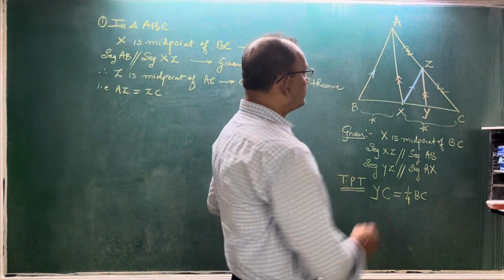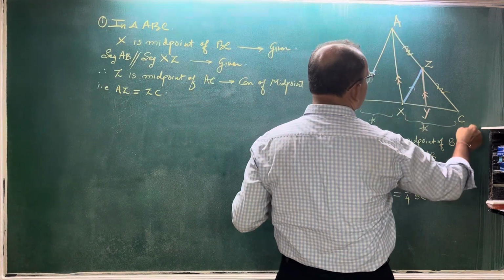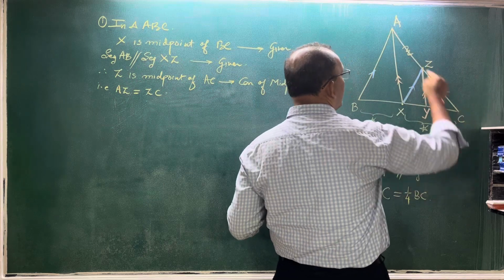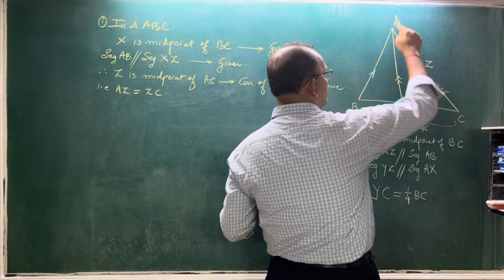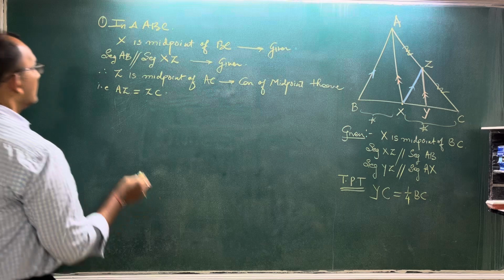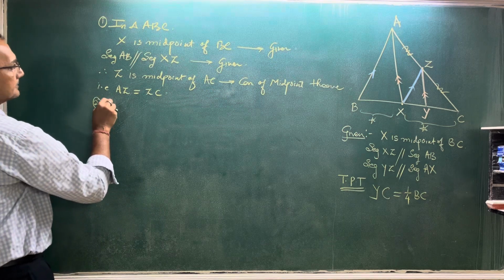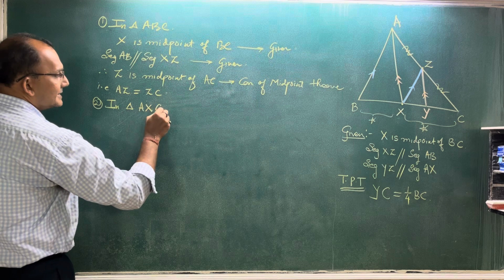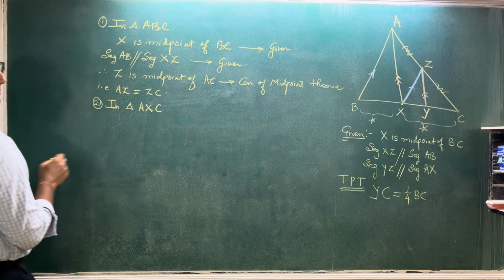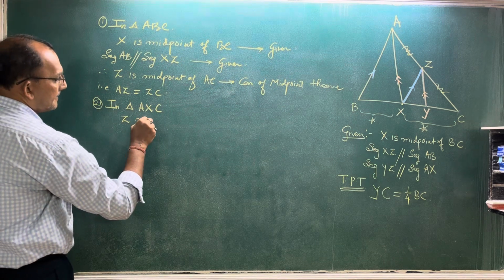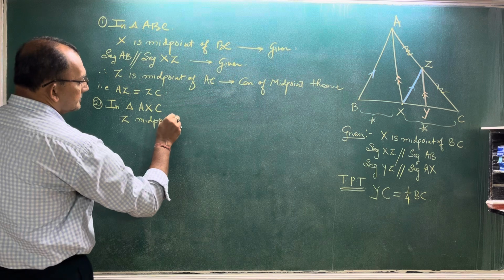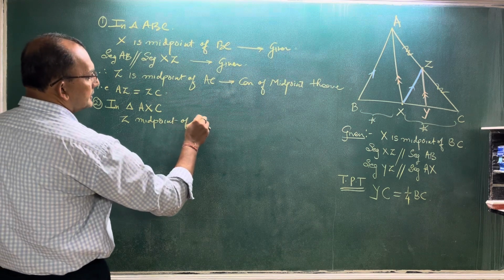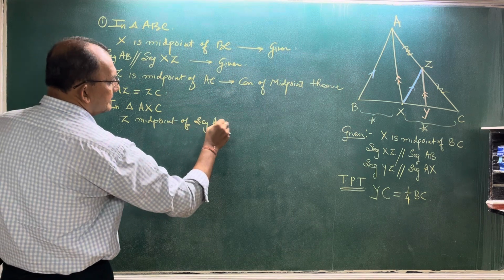Okay. Now, let's come to triangle AXC. Only concentrate on this triangle AXC. Point number 2. In triangle AXC, Z is midpoint of seg AC.